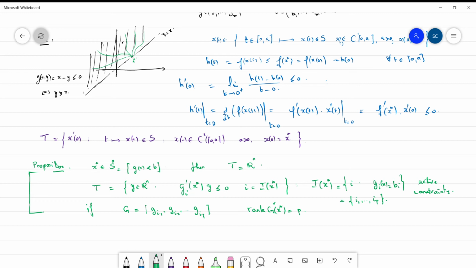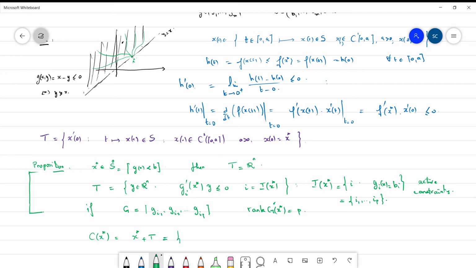We call it a cone, but more practically we use the translation of this vector and denote it as C(x star). It's more practical to visualize and graph at x star.